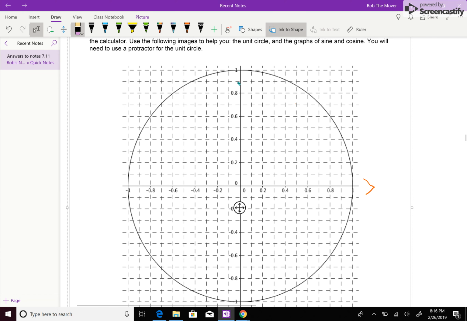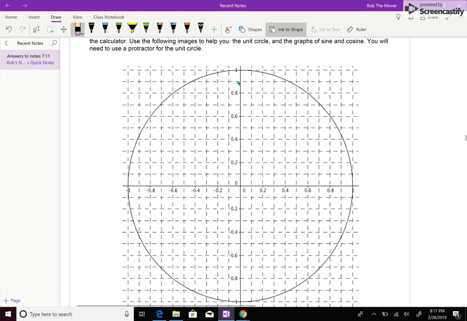Now think about it. What did I tell you is the x, and what did I tell you is the y values on the unit circle? Right? The sine is the y value on the unit circle, where an angle touches the unit circle.